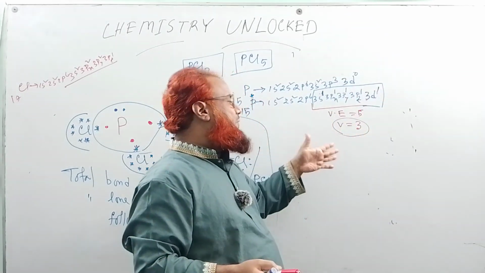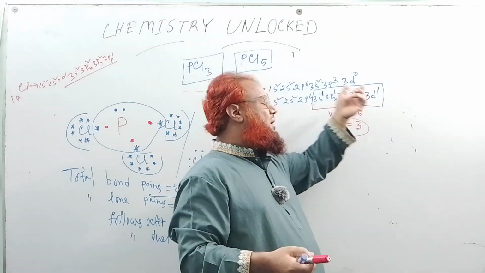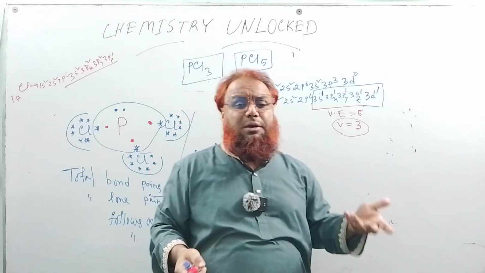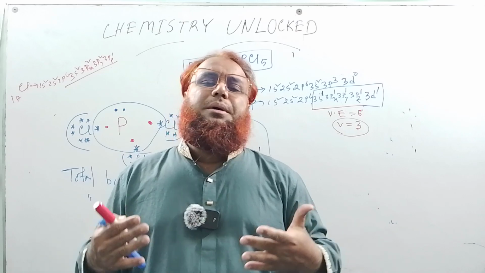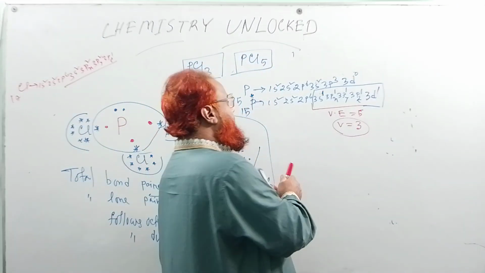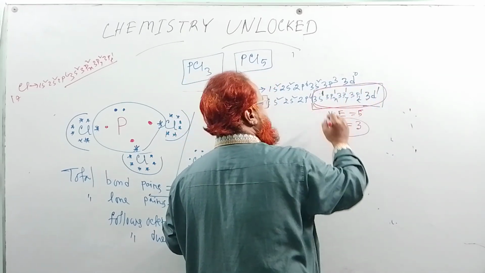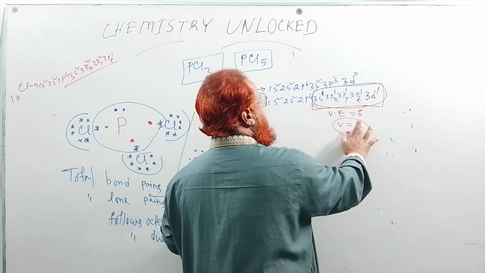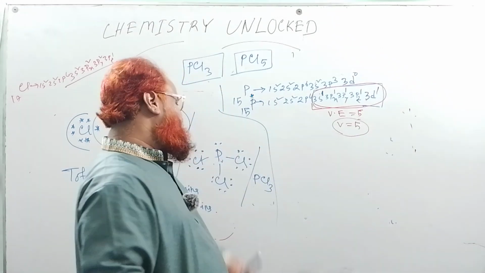Now the total number of electrons is similar, that is 5, but the number of unpaired electrons is now 5, that is, the valency is 5.